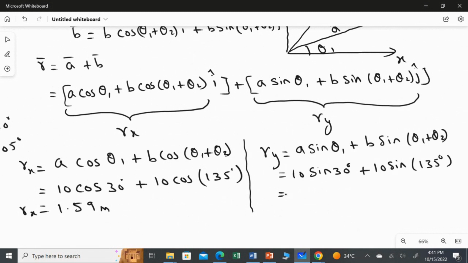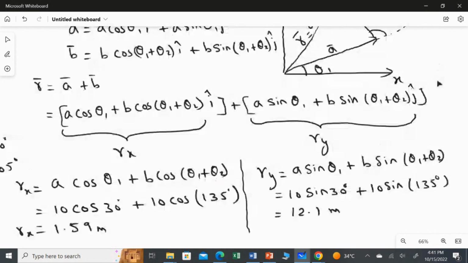Take your calculator and find the answer: it gives 12.07, so I can write 12.1 meter.